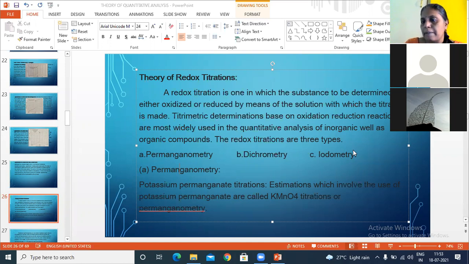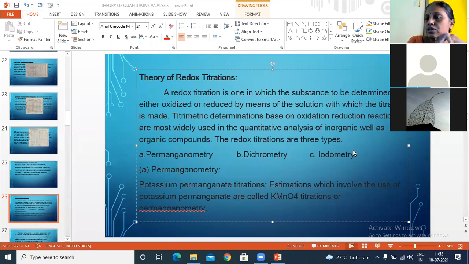And iodometry is if we use either iodine gas directly, or the substance reacts with potassium iodide, and the iodine gas which is liberated we estimate in terms of the metal we have to find out.